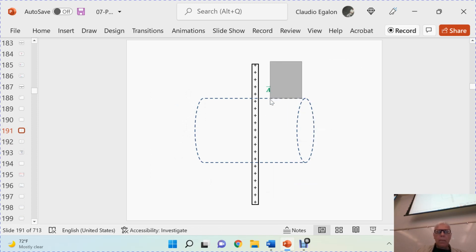Here you go. First, let's start with the cylinder itself. Then we come up with the area vectors. Oh, wait a minute. I'm going to get another one here before I lose this work.